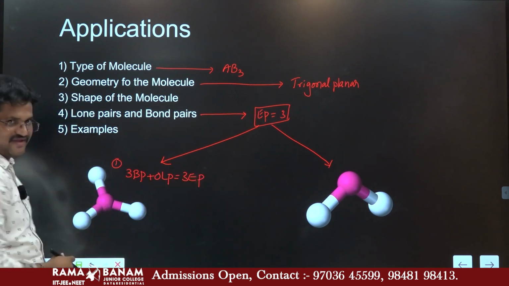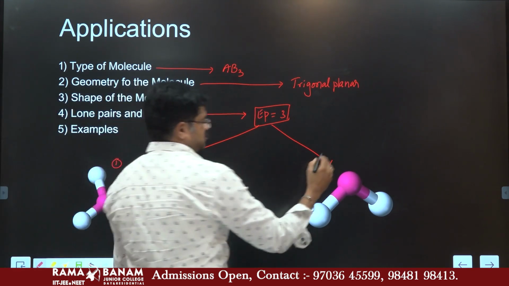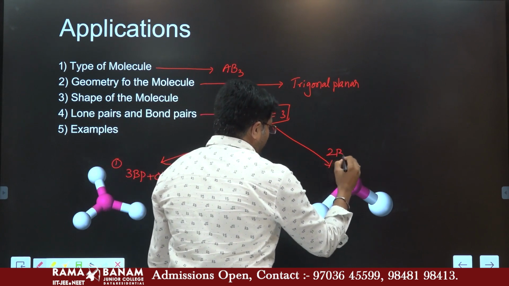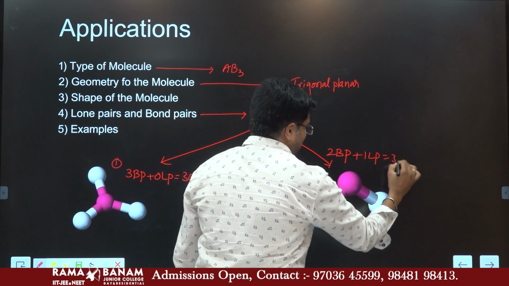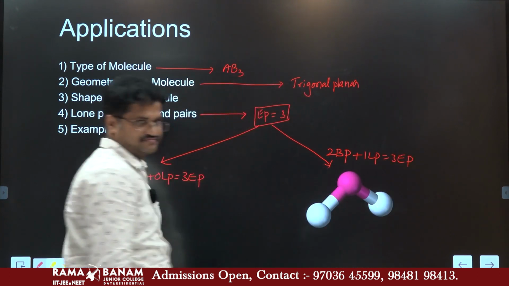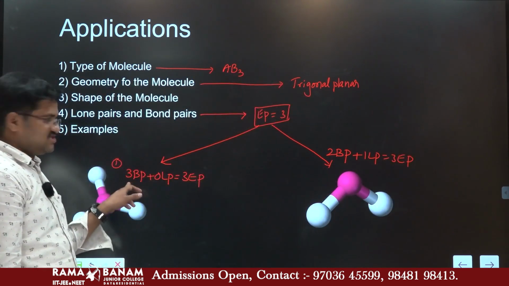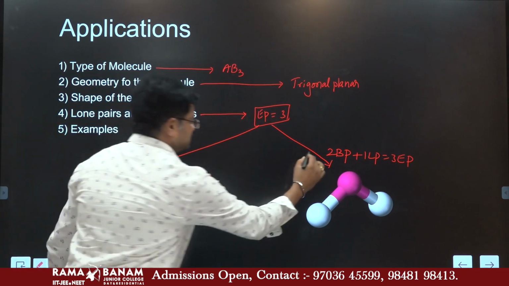Another case: out of 3 electron pairs, 2 bond pairs and 1 lone pair, total 3 electron pairs. This is the first case, this is the second case.